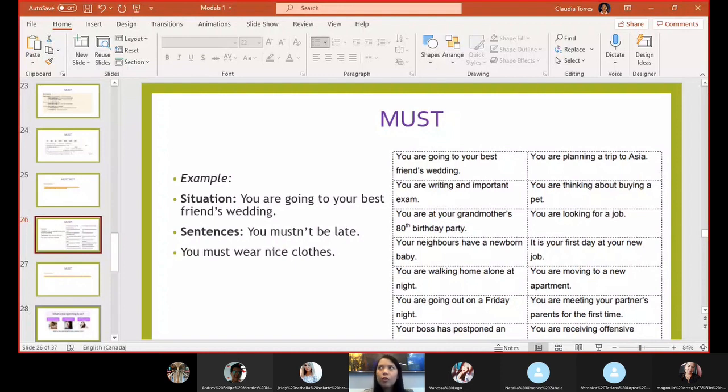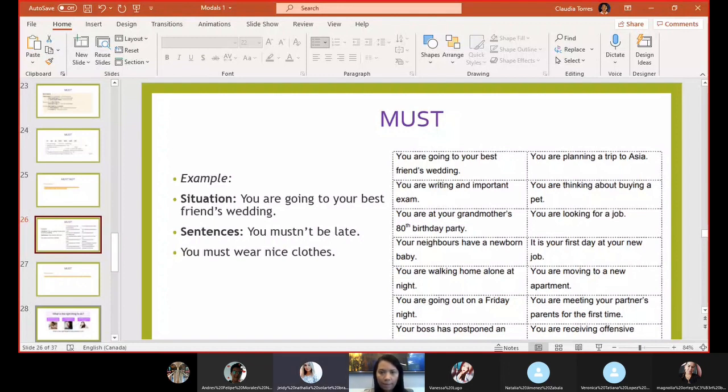Let's say that you finished working and then you have to go to your house, walking, and it's dark, it's at night. So what would you do? Okay, but in this case, it would be more like what must you do?